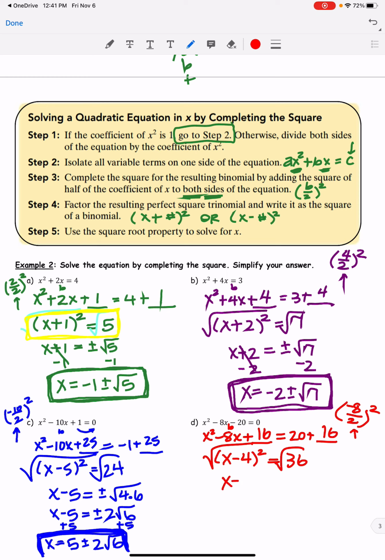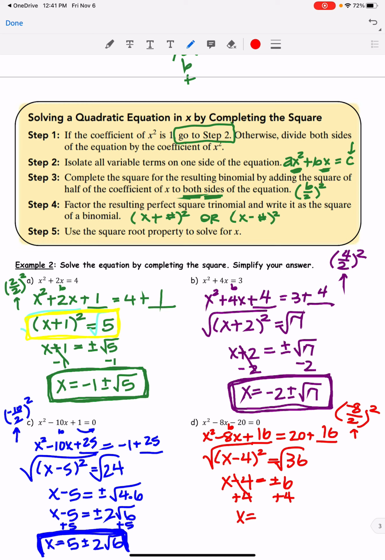So x minus 4 equals plus or minus the square root of 36 comes out nicely to 6. So my last step is to add my 4 over.